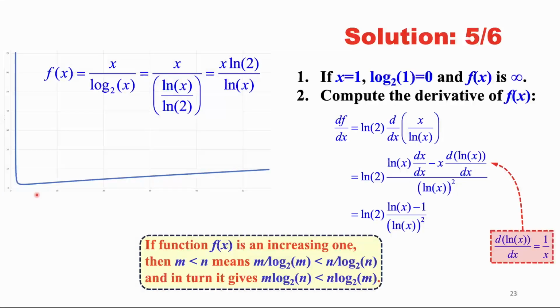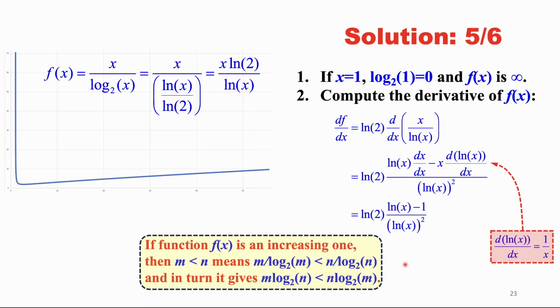So to prove fx being increasing, let's compute its derivative. So df over dx is equal to this one. Now, this is equal to log x squared times log x times dx over dx minus x times d log x over dx. But we know d log x over dx is 1 over x.